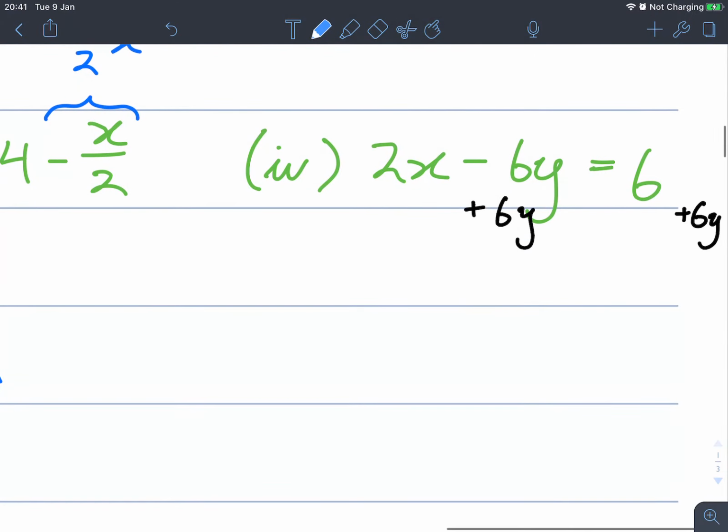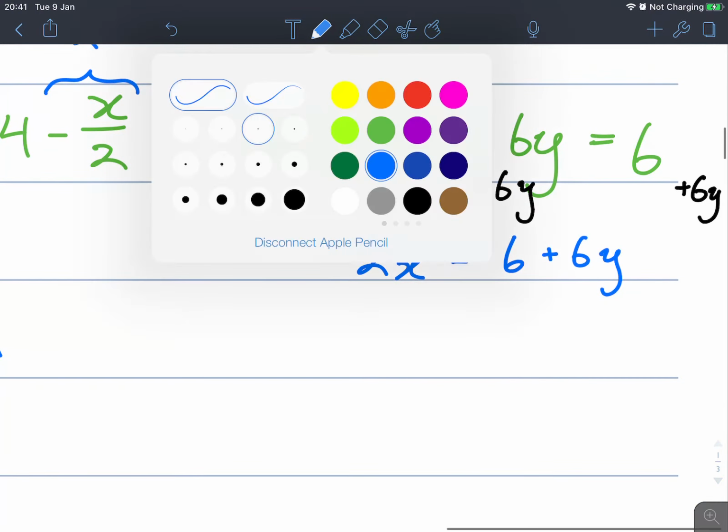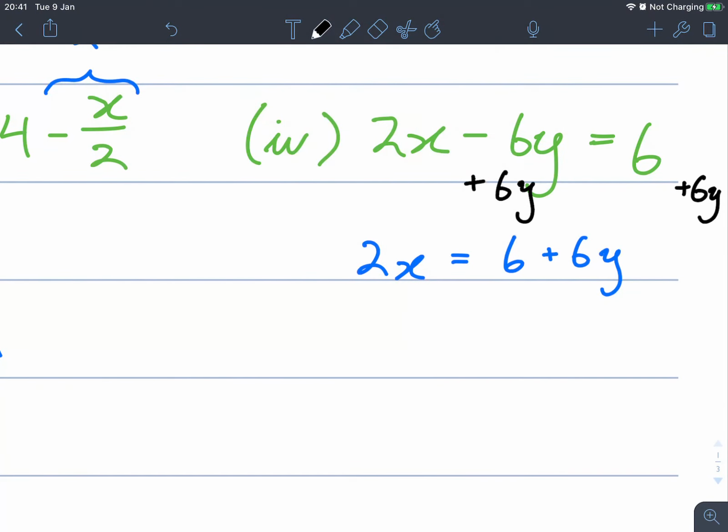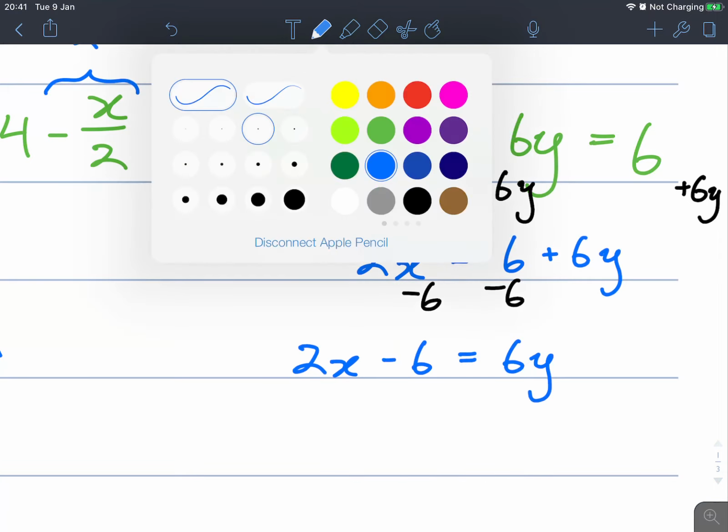This will give me 2x remaining, equals, the right hand side has a 6 plus 6y. I'm now going to move the 6 to this side by subtracting 6 on both sides. This will give me 2x minus 6 is equal to 6y.